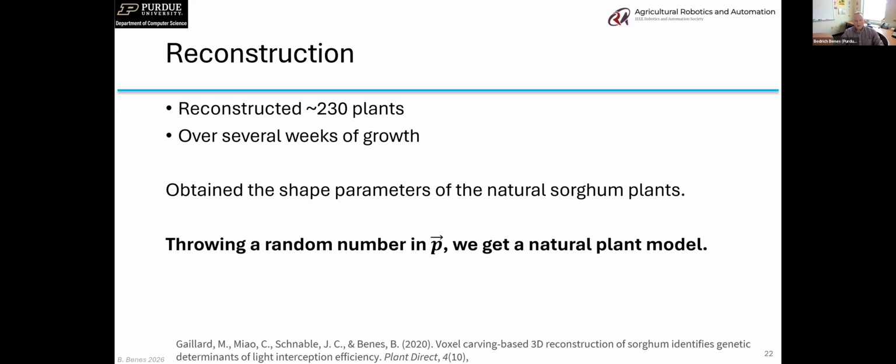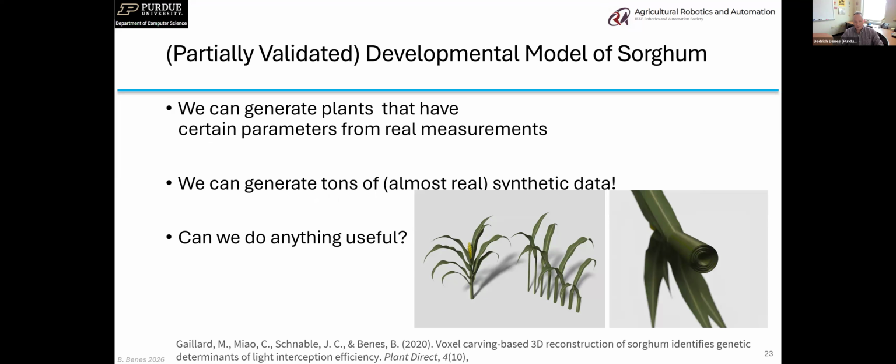So we validated it. It's in the paper. I don't want to spend much time on this, but the important thing is that with this, we can generate very realistic synthetic data. We just throw random numbers into the set of parameters and we get 3-dimensional models.